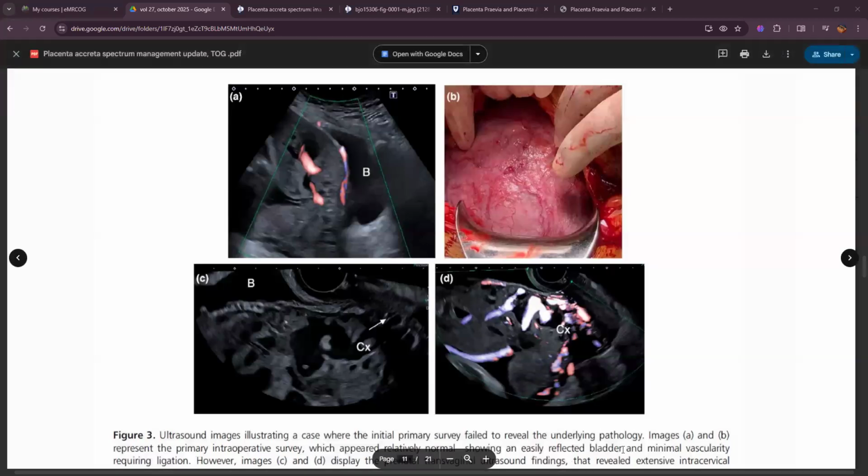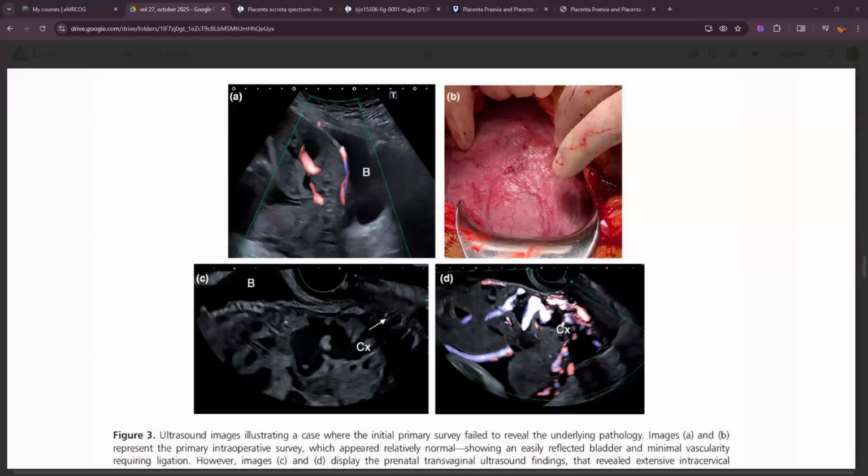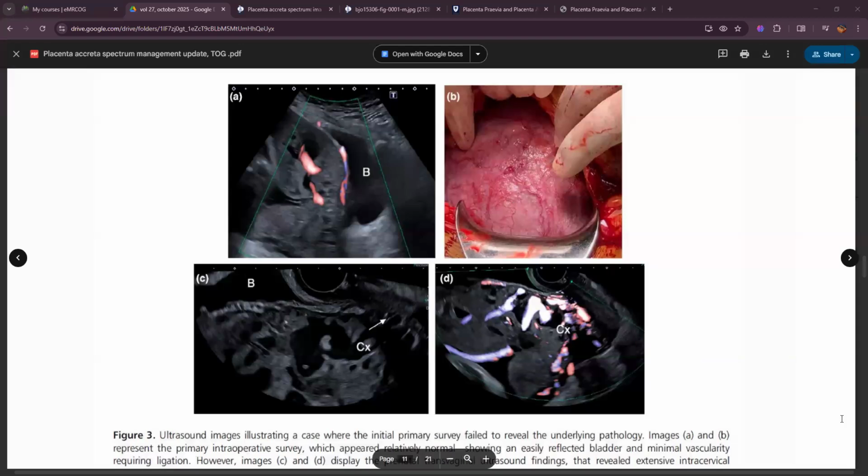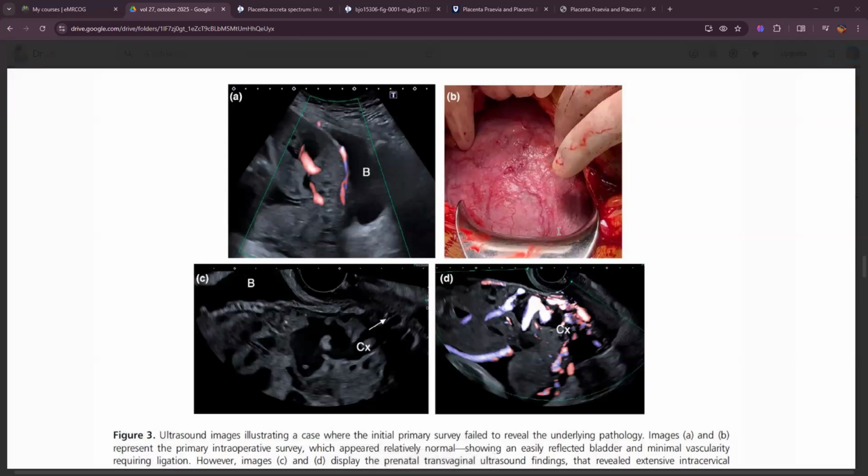Forget about the details of the picture. Is this normal or abnormal for you? Do you see prominent vessels here? You really can see prominent vessels here? They are not that prominent.